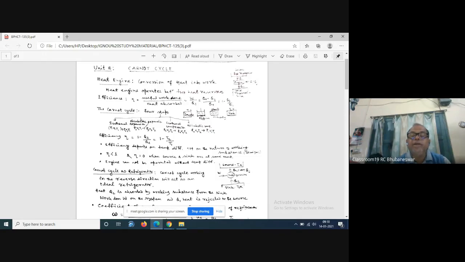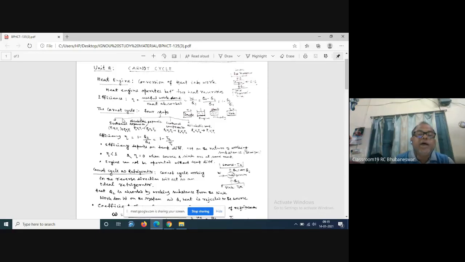The bottom side is conducting. Another requirement is an insulating stand. Actually, this Carnot cycle is a theoretical engine. We will discuss it later.